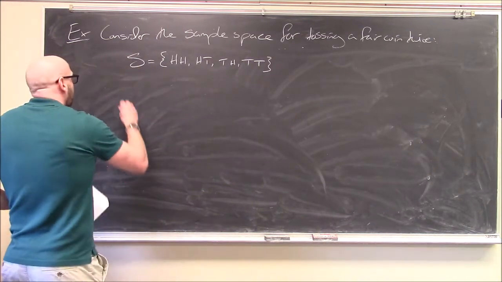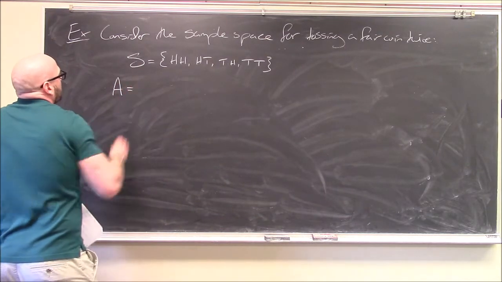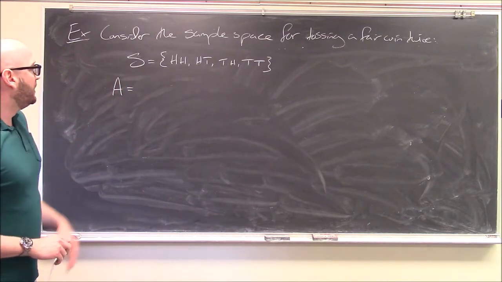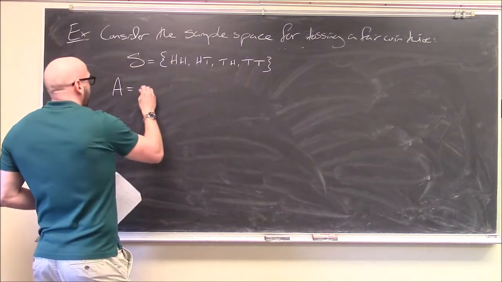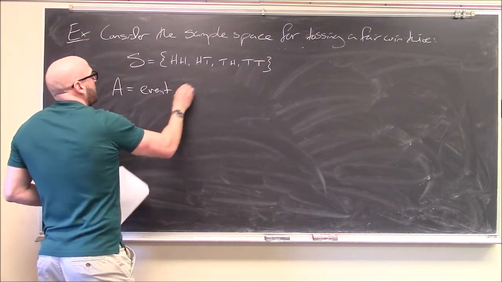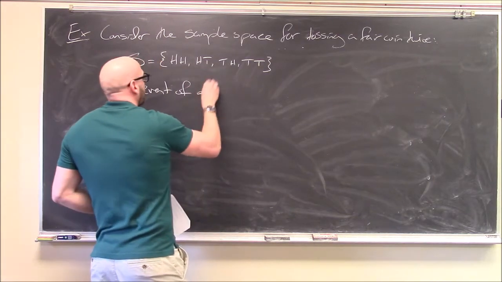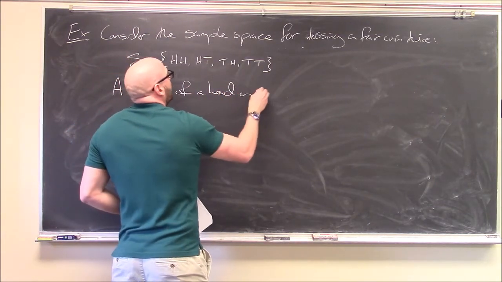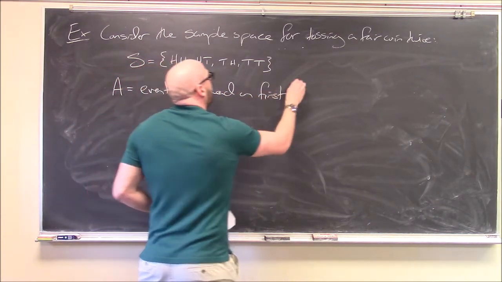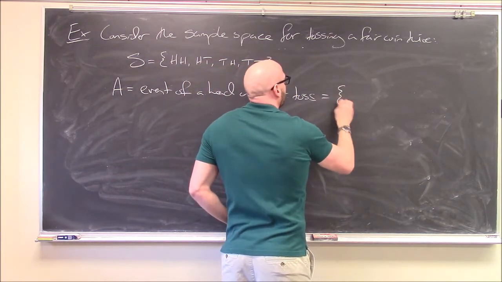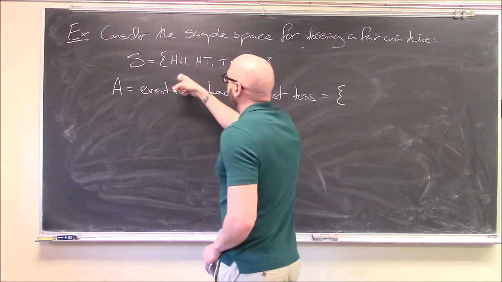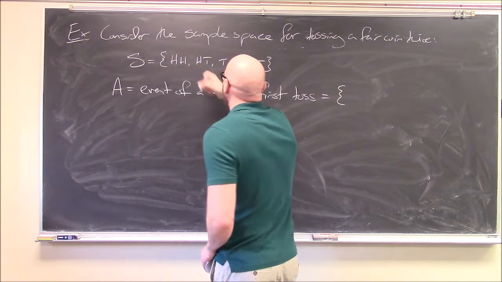So let's define two events. A will be the event of tossing a head on the first toss, and this would be the subset consisting of HH and HT.